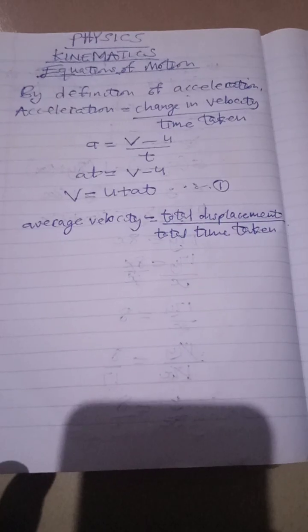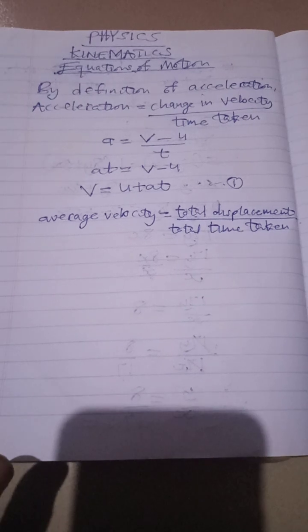That's the displacement, over the total time taken, the time you used to get there. So average velocity is equal to total displacement over total time taken, right?